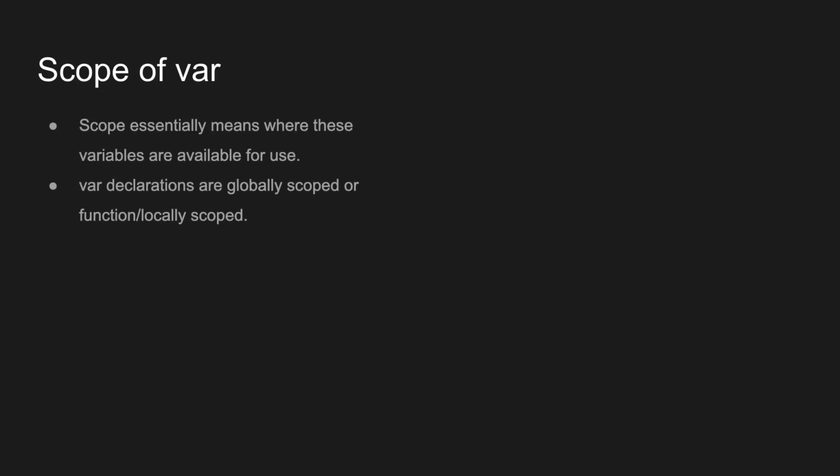So, scope of var. Scope essentially means where these variables are available for use. Var declarations are globally scoped or function or locally scoped. Var is globally scoped when it is declared outside a function.